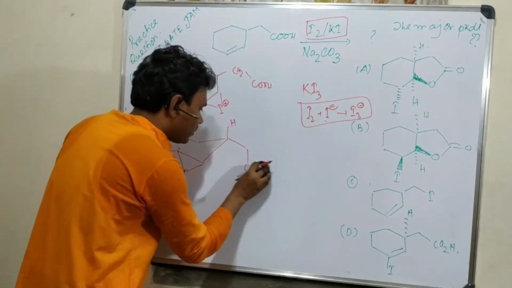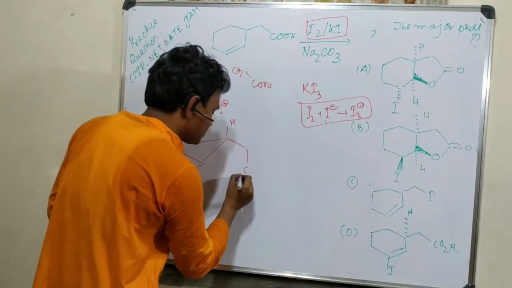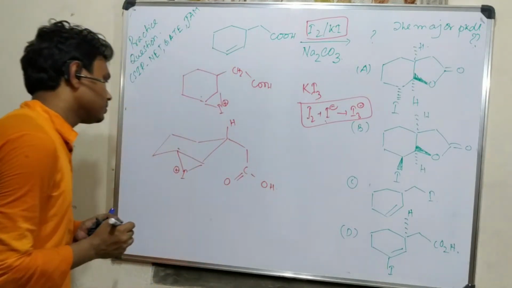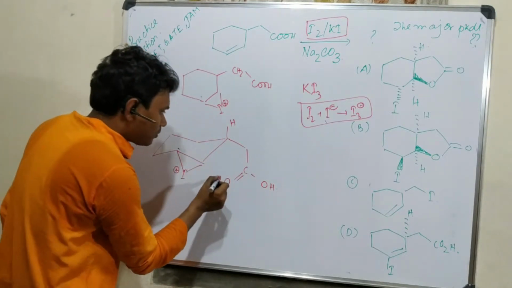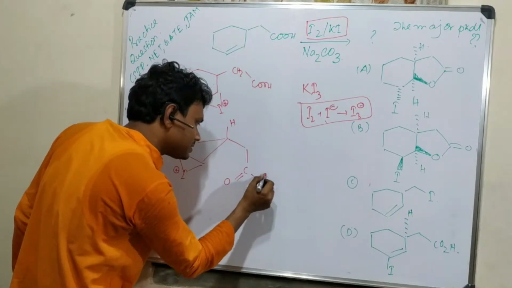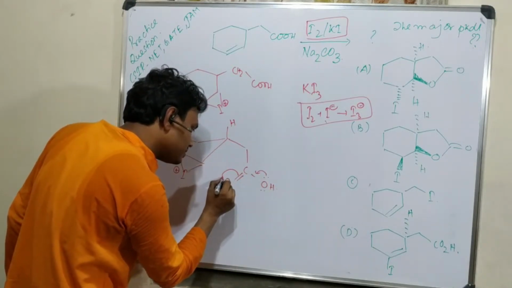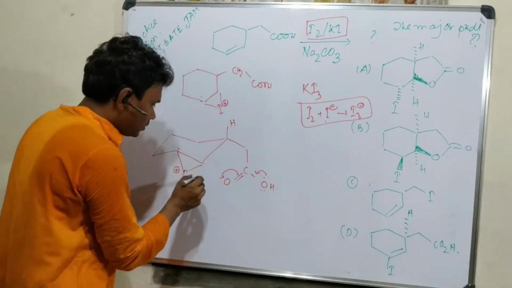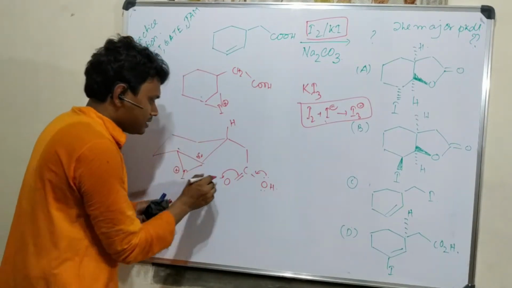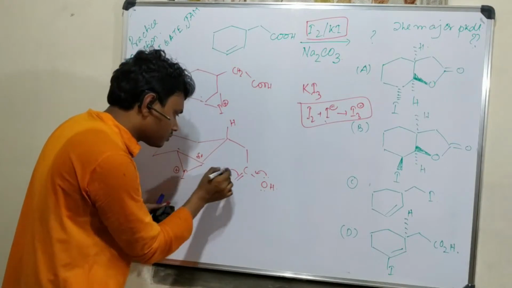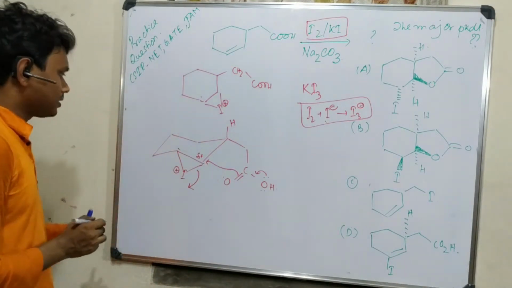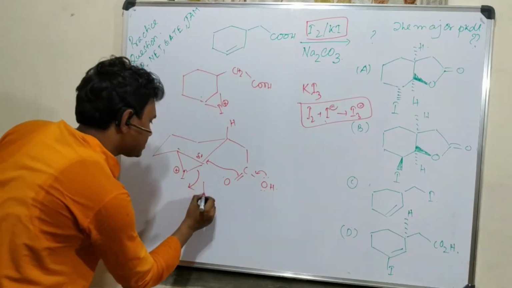If we draw this carboxyl group properly, this OH. This carboxyl group has resonance like this, and in this way electron density increases here. So this carbon center is also delta positive, electrophilic, and this oxygen can attack here to open up the ring. So what is expected to be produced?